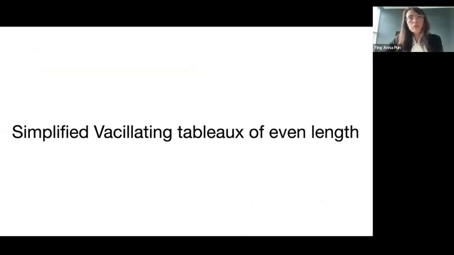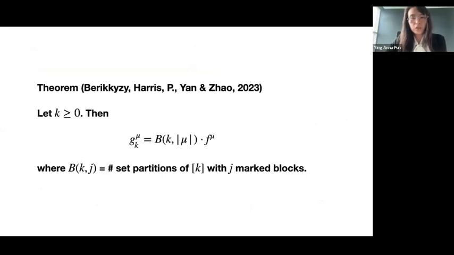Now, to look at some nice identity, I'm going to split into 2 cases. One, I'm looking at the even lengths. So basically, I always stop when k is an integer. Here we have a very nice formula.